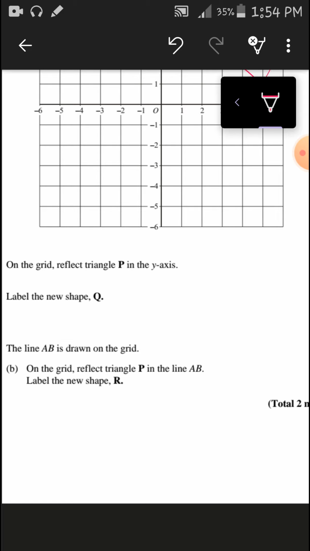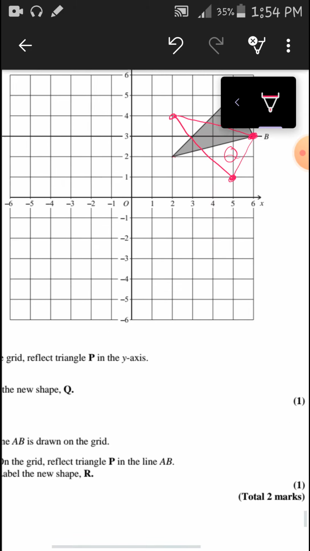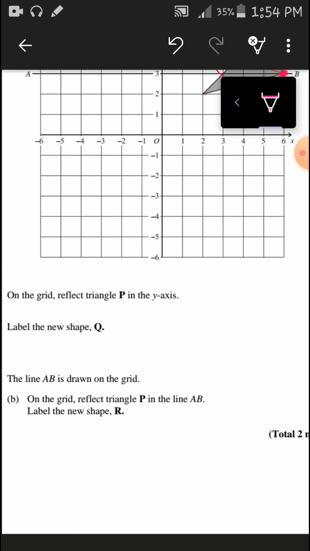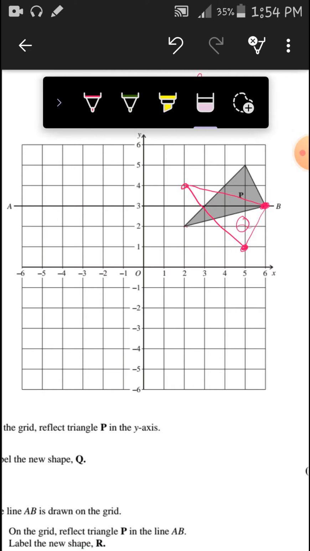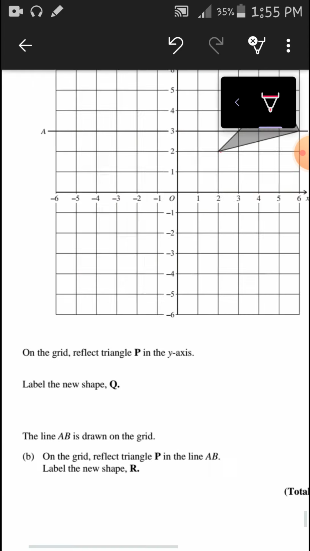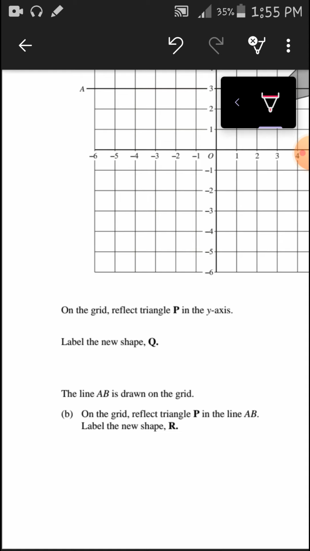The line AB is drawn on the grid. Okay, we made something wrong here. It's not a mistake, but it's wrong because in this question he asked to reflect P in the y-axis.